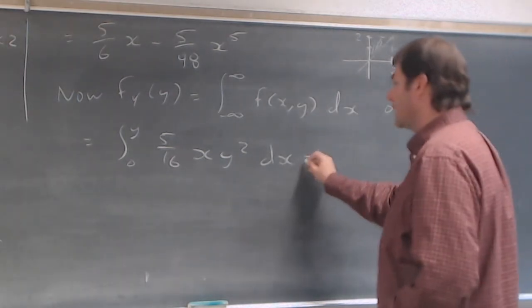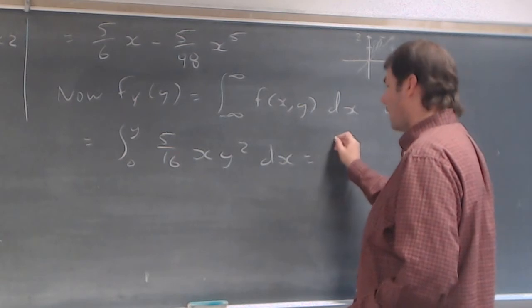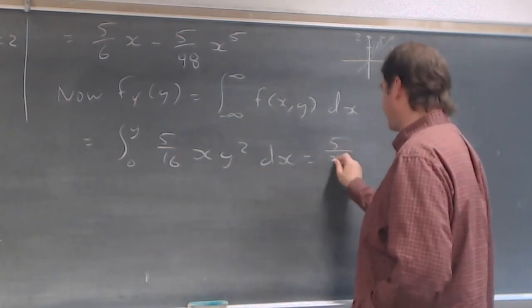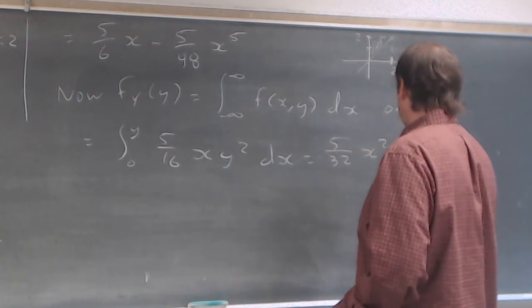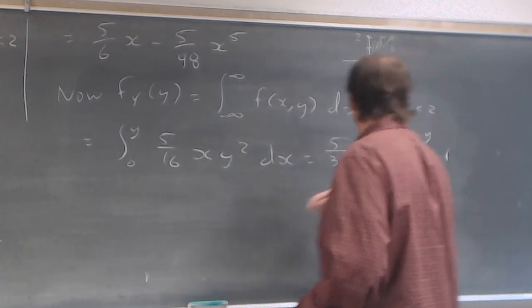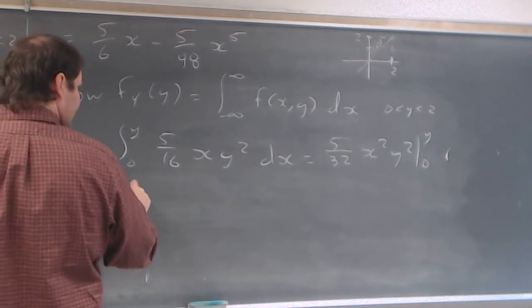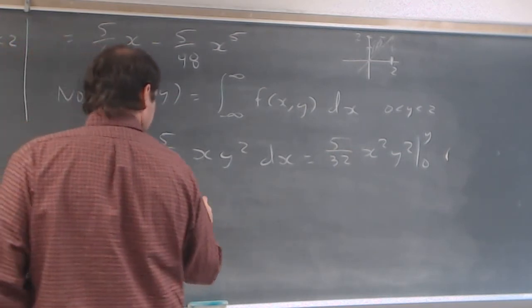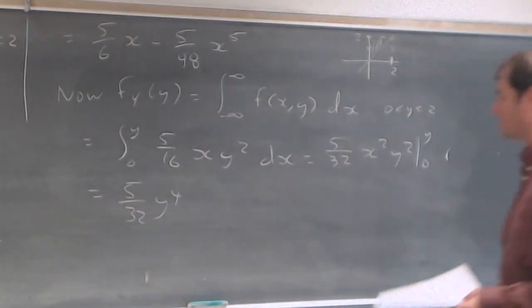Okay, and then that's going to be equal to 5 over, we're integrating with respect to x, so this is going to be x squared over 2, so it's 5 over 32 x squared y squared, evaluated from 0 to y. When I let x be y, what I end up getting is 5 over 32 y to the 4th, and that's it. Because when we let x be 0, we just get 0.